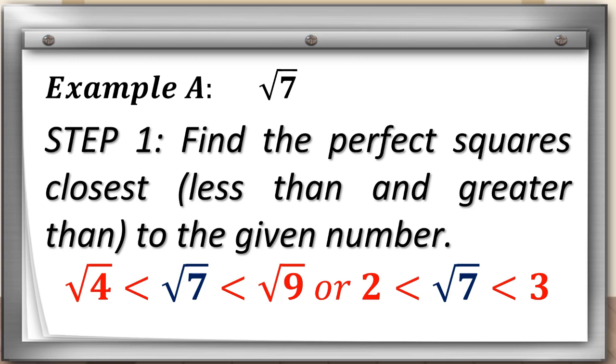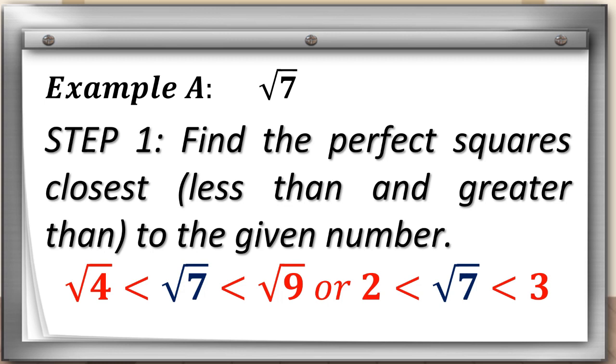Or, square root of 7 is greater than 2 but less than 3. Gumamit tayo ng less than at greater than to represent that square root of 7 is less than 3 but greater than 2. Therefore, square root of 7 lies between 2 and 3.